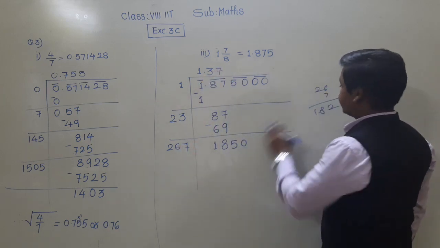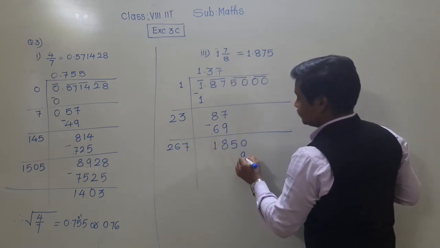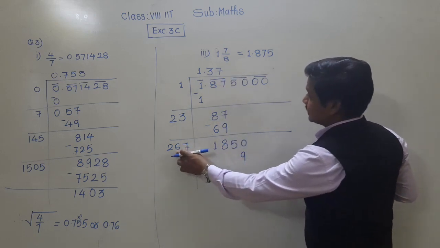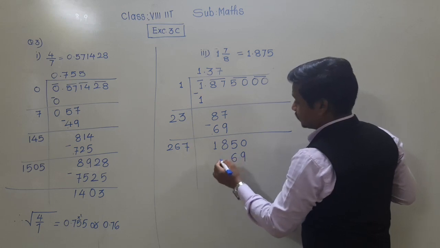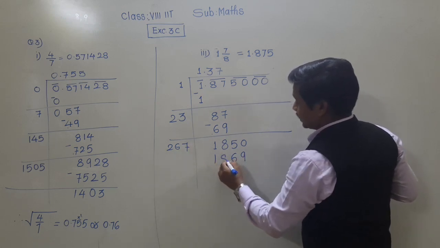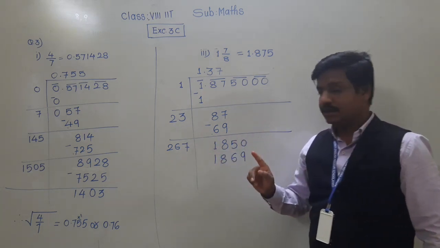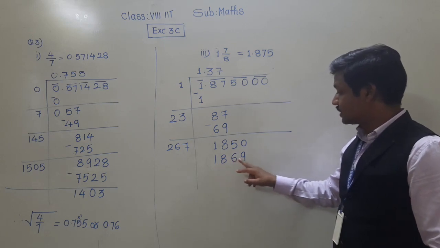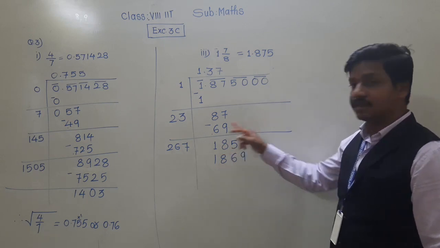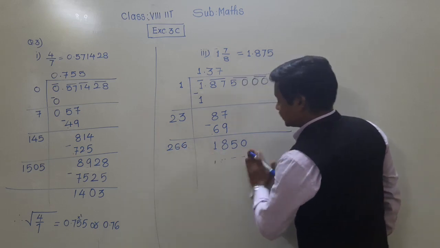So let us take by putting 7 here. 7 sevens are 49, 4 carried. 7 6s are 42 plus 4, 46, 4 carried. 7 2s are 14 plus 4, 18. See, if we put 7 here, then we are getting the number 1869, which is greater than this. So it's not working. Take 6 only, the previous digit.